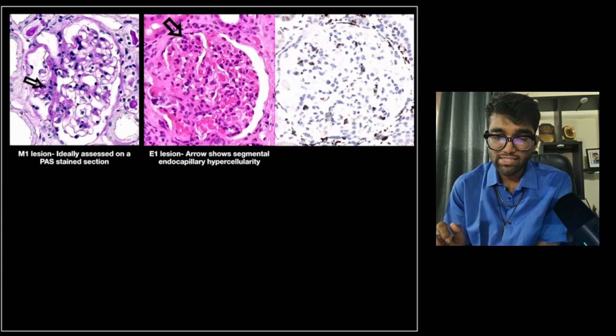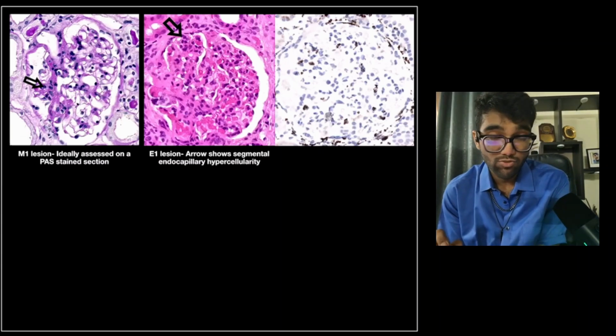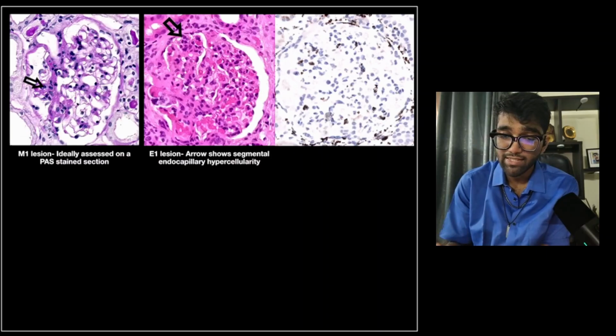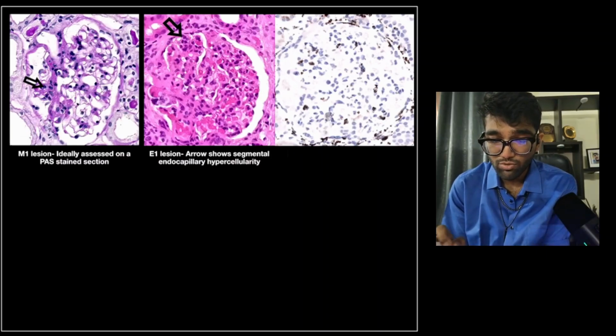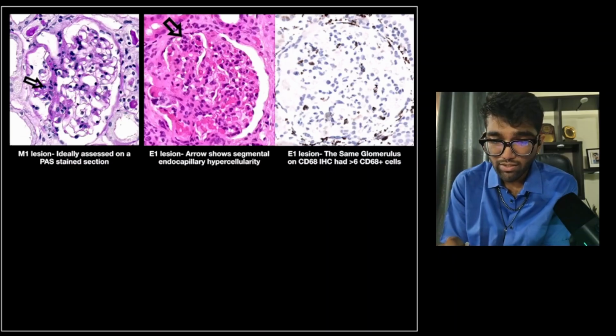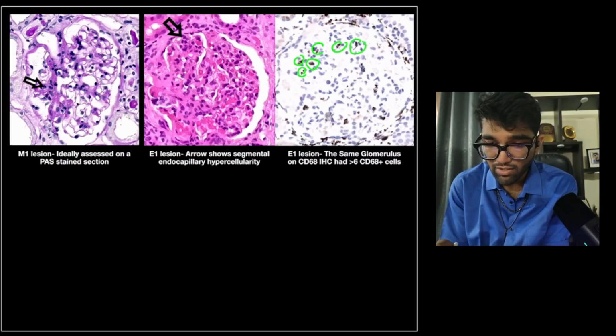Now, as I just discussed, this has to be objectively demonstrated using CD68 immunohistochemistry. So this is a CD68 immunohistochemistry stain. This is showing multiple cells, that is 1, 2, 3, 4, 5, 6, 7, 8.